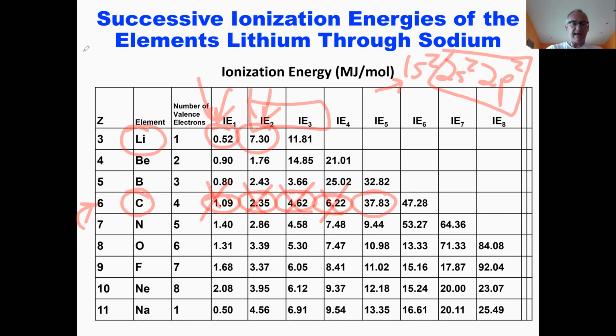Now, based on this, look at sodium. How many core electrons would you suspect sodium has? Look at the pattern. Look at the increase in ionization energy. Where's the jump?